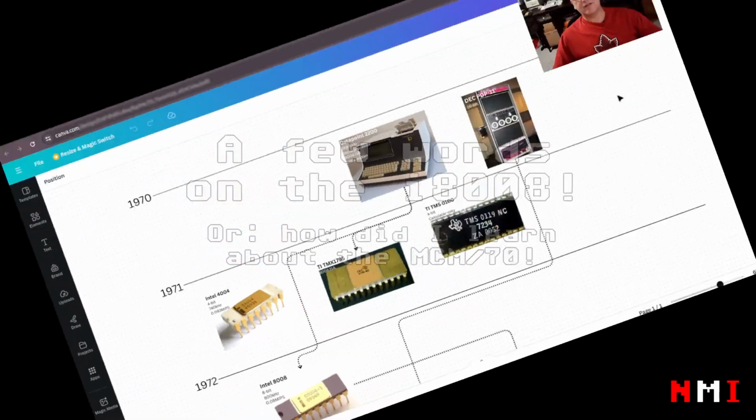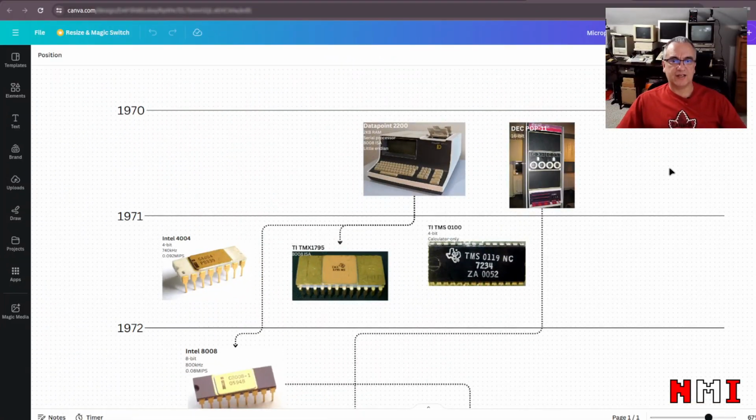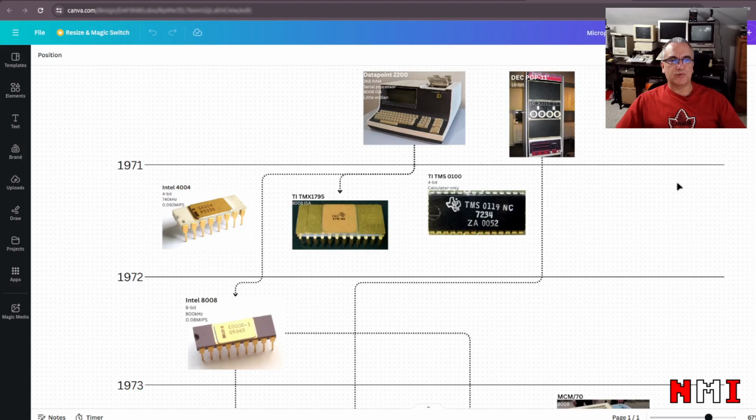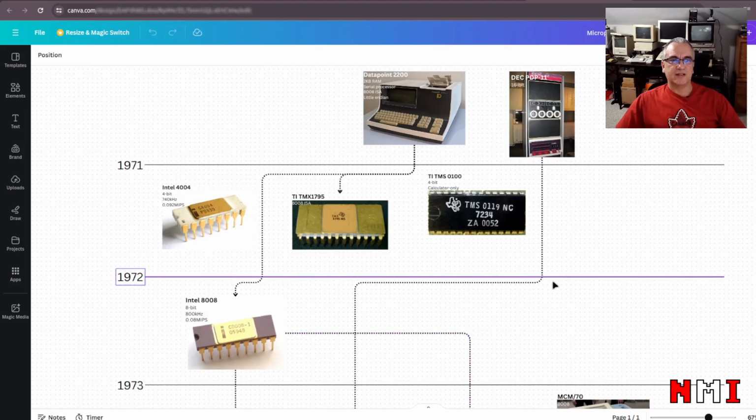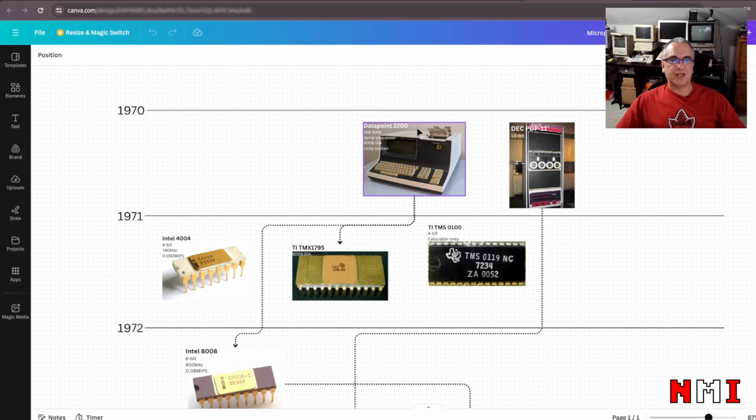Here we have a diagram that I created some time ago. I wanted to establish the history of microcomputers and microprocessors. And we can see here the Intel 8008, right? It was derived from the Datapoint 2200.